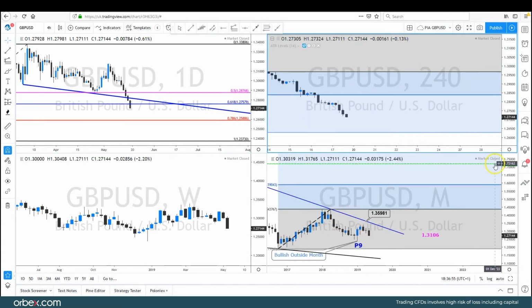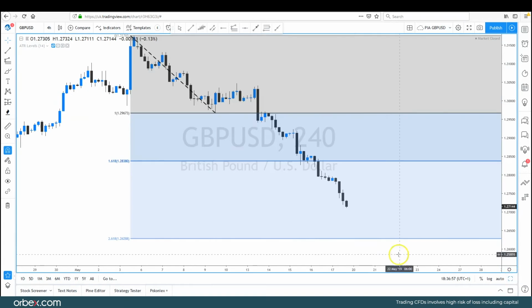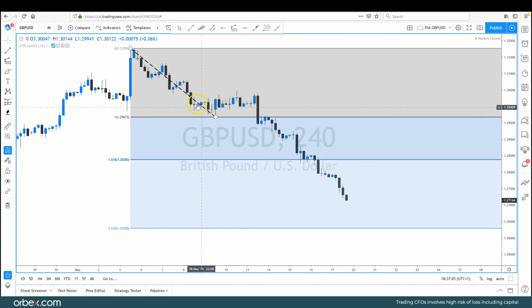An area to be wary of going into next week is here, 126.29. As far as Elliott Wave's concerned, it's holding onto the fib levels. Small correction here, so 126.29. Let's just have a look where our resistance levels are. I think they're quite a way to the upside.